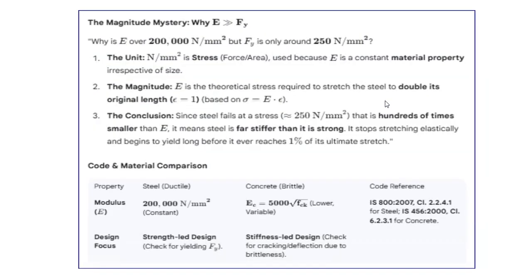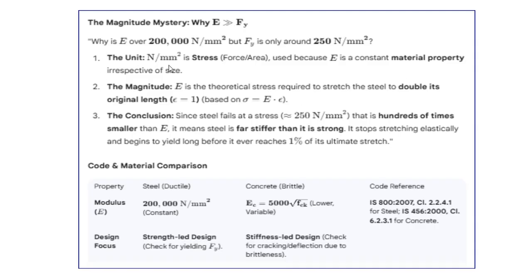The magnitude mystery: E is greater than Fy. We may have a doubt. The material is capable of experiencing 2 lakh Newton per mm², but Fy is only around 250 Newton per mm². Why?